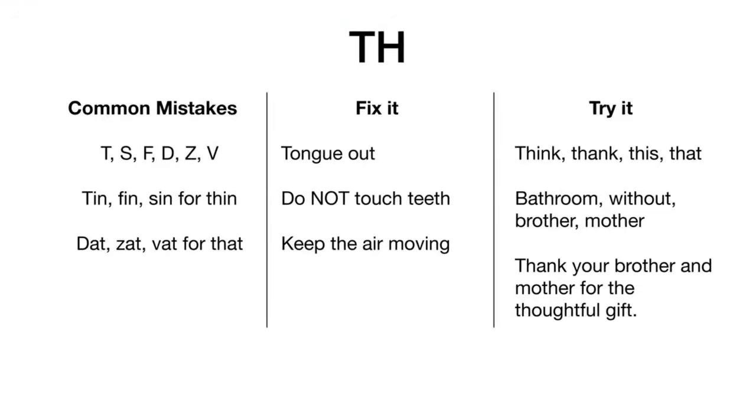Some common mistakes for the TH sound. People will say a number of things for this: T, S, F, D, Z, V. I think what is so confusing for listeners about the TH sound is when my students and English learners use more than one sound instead of a TH sound.